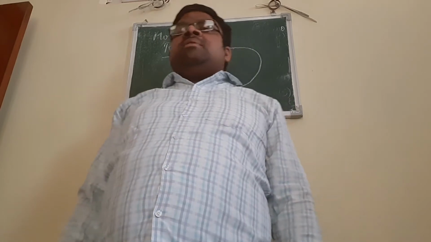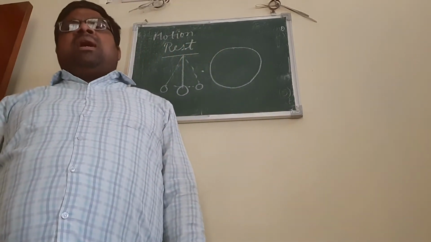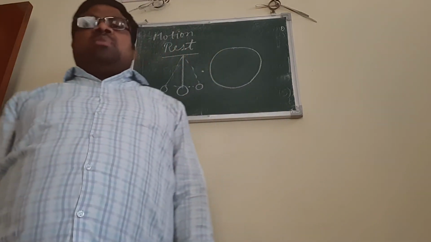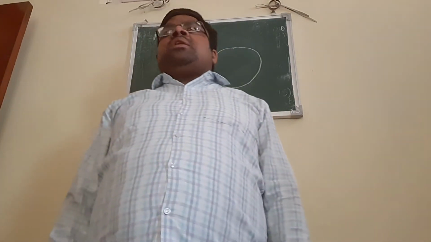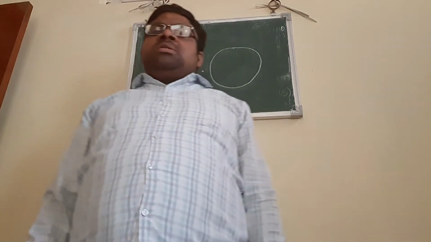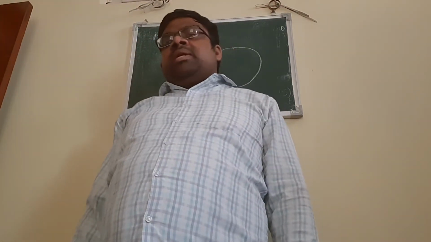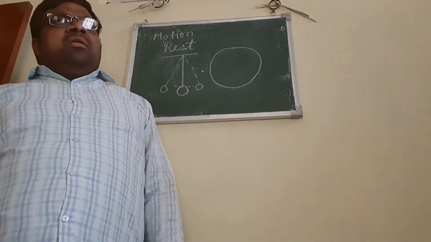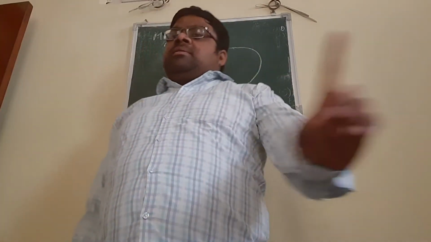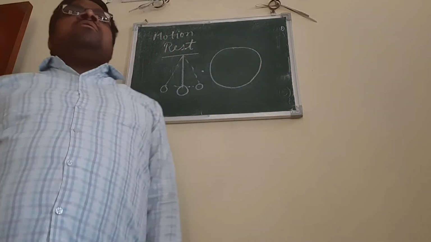Every 24 hours, our earth rotates and reaches its same position. So this is a periodic motion. There are also multiple motions like the rotation of the earth on its axis as well as its revolution around the sun. So these are examples of these.